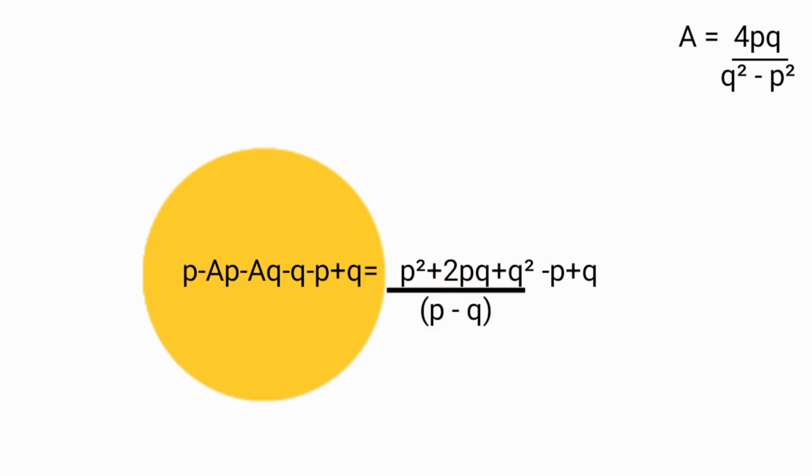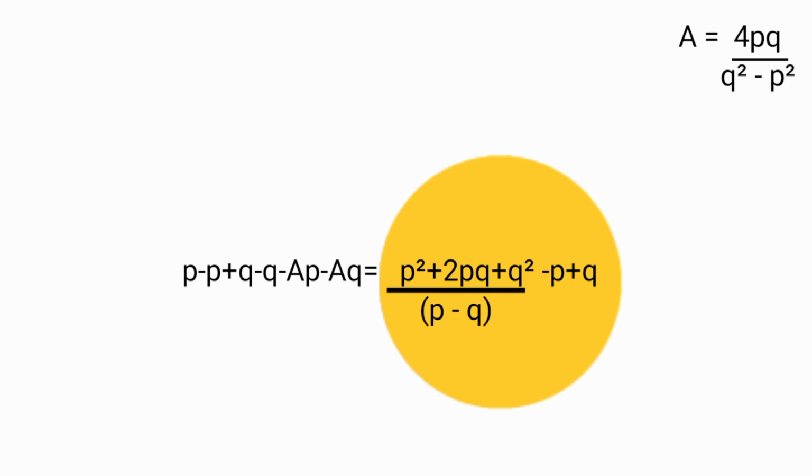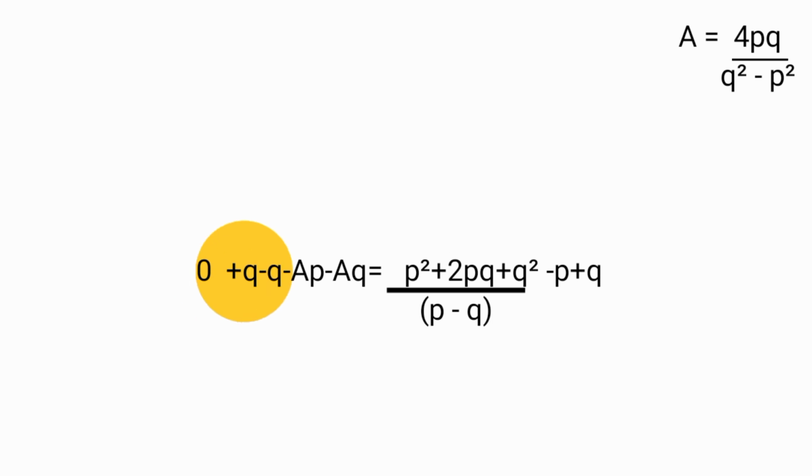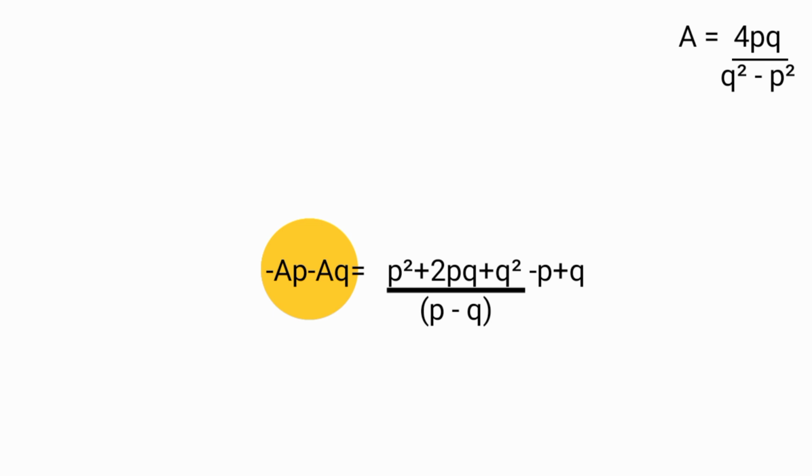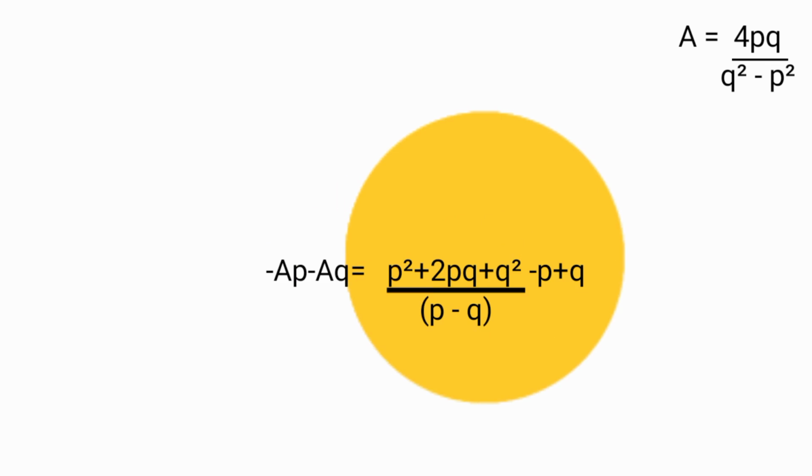If you collect the like terms, we are going to have p minus p plus q minus q minus ap minus aq equal to (p squared plus 2pq plus q squared) all over p minus q, all minus p plus q. Here p minus p is 0, q minus q is 0, so minus ap minus aq now equals (p squared plus 2pq plus q squared) all over p minus q, minus p plus q.